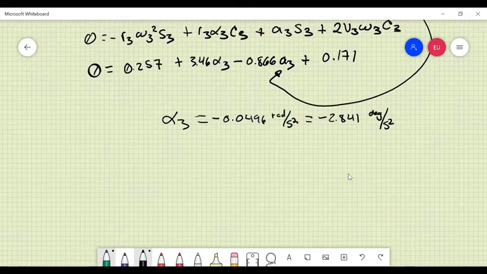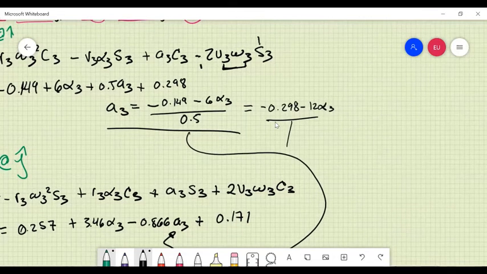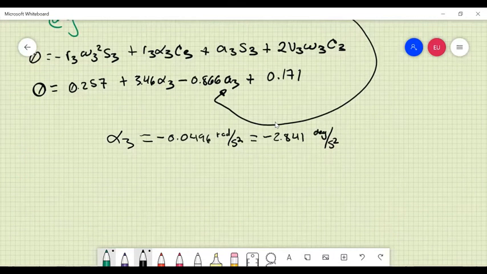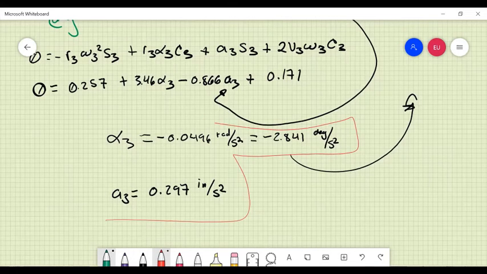Now, once you have alpha 3, you can substitute back into this one and work out for A3. So this one goes back up and you obtain that A3 is equal to 0.297 inches per second squared. There you go. Those are the results.